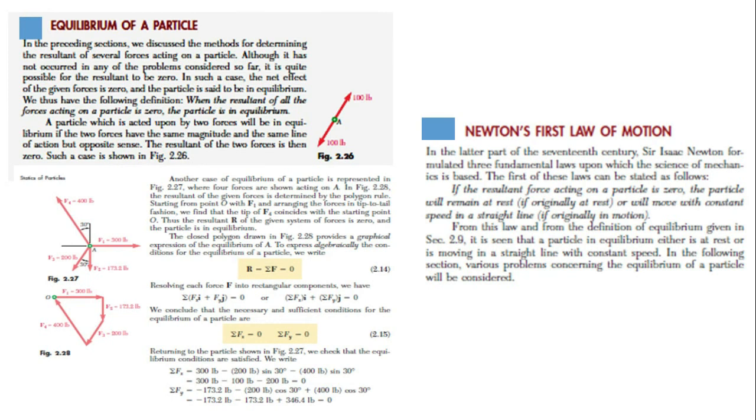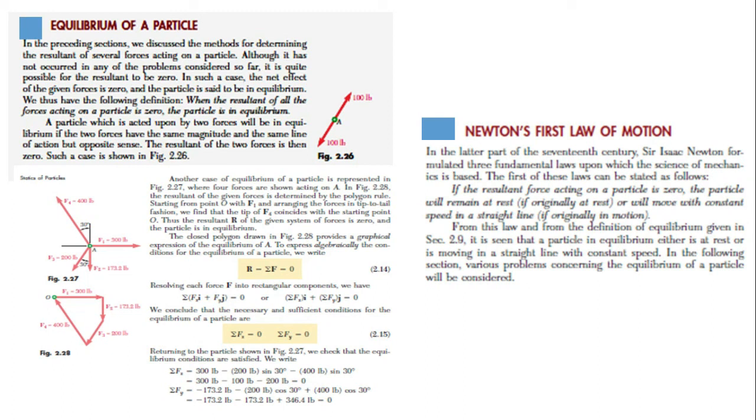Now, a very simple example is being shown to you about the equilibrium of a particle. Look at the heading, equilibrium of a particle. It does not present any problems. You will see that when the resultant of all the forces on a particle is zero, the particle is in equilibrium, as I previously explained. In one example, at point A two forces are converging.